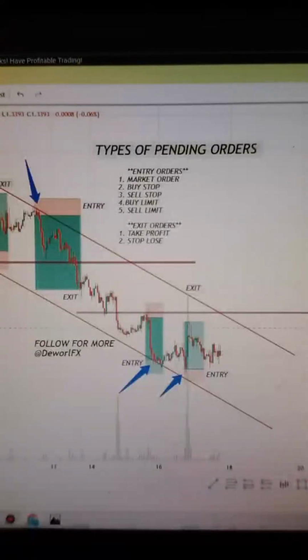For an instant order, you're taking your trade based on the price of the market at that moment, based on what the market is giving you at that time. That is what we call an instant order, or a market order.